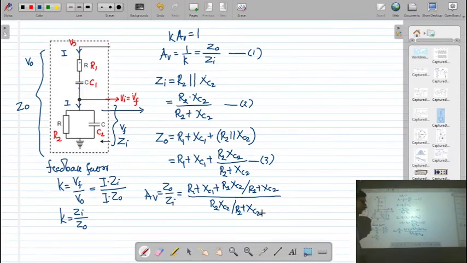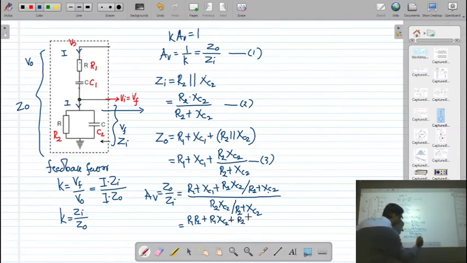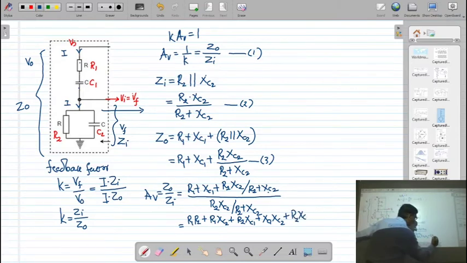And the simplification is also very simple. Here R2 plus Xc2 will be multiplied with R1 and then with Xc1. Then we can write this as R1 R2 plus R1 Xc2 plus R2 Xc1 plus Xc1 into Xc2 plus R2 Xc2.